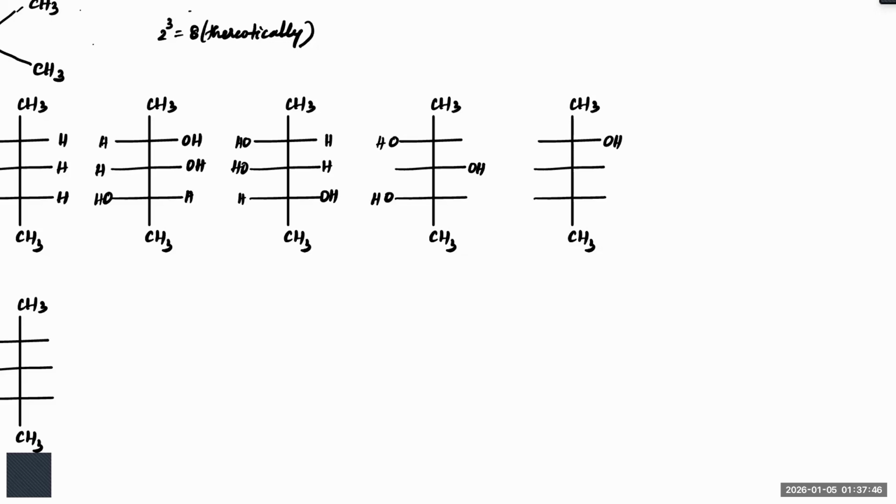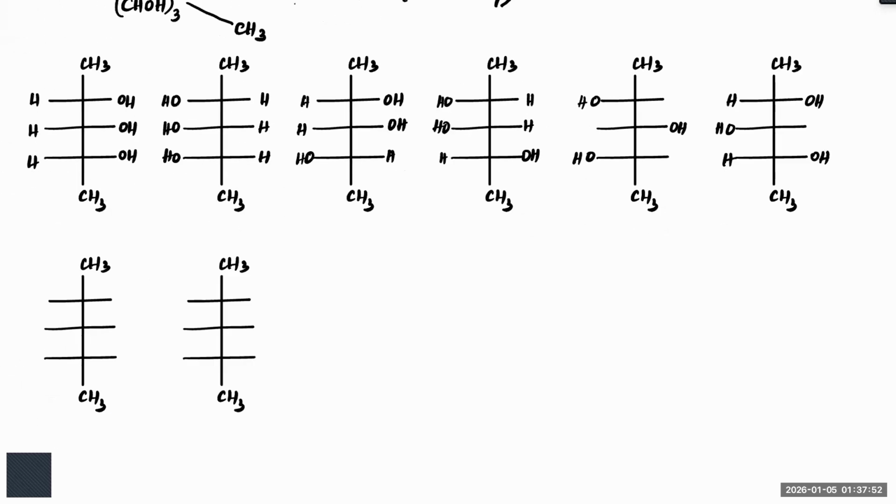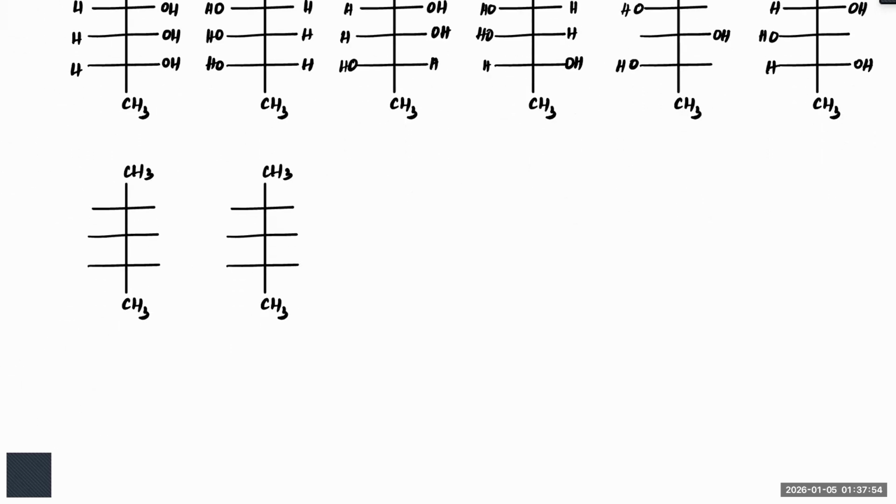And same thing I can write OH, OH here, and OH here. This is again the mirror image of each other. Lastly, OH, OH here, and OH here, while OH here, OH, and OH here.